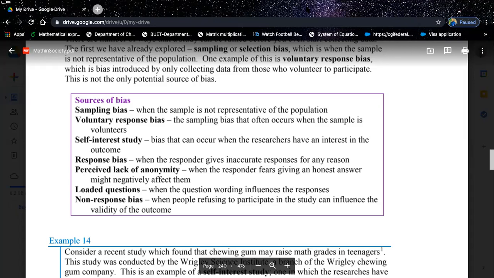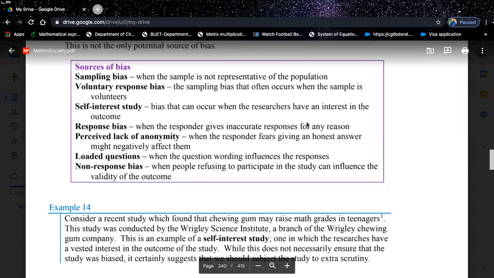Since this particular survey or this collection of data will benefit me, that means I'm putting some emphasis on some data. So I'm creating biasness myself. We'll see one example of it.